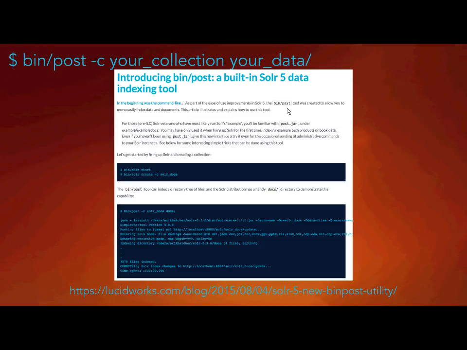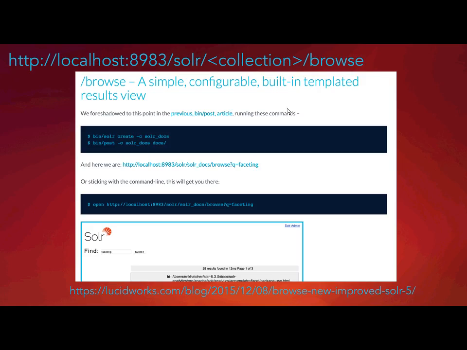Getting data into Solr wouldn't be much fun unless we could actually visualize it. So along came the next in the series of the blog post trilogy, and that is about a facility in Solr called /browse. /browse has been in Solr for quite a while.